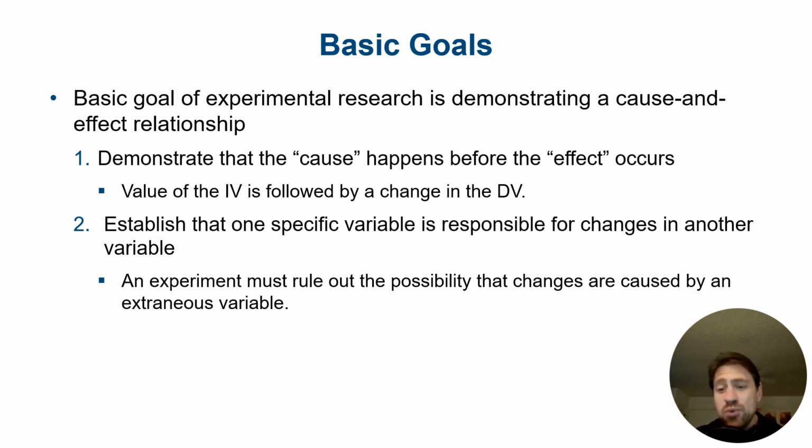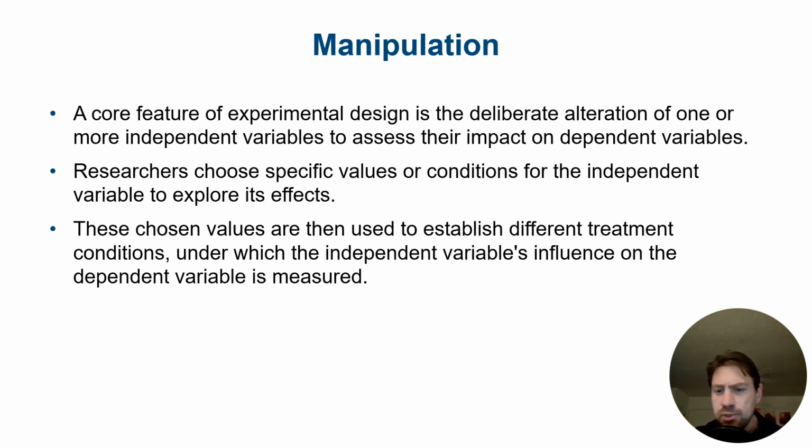So you have to rule out the possibility that the changes you observe are being caused by some other extraneous variable that is irrelevant to your study. So in light of these criteria, two critical elements that we'll turn to next are manipulation and control. So first, let's turn to manipulation.